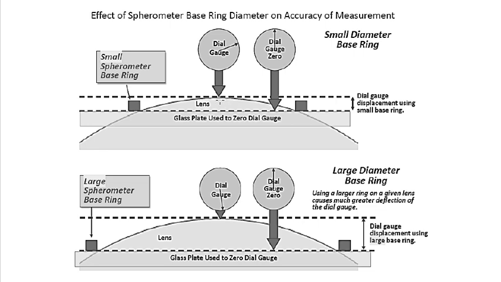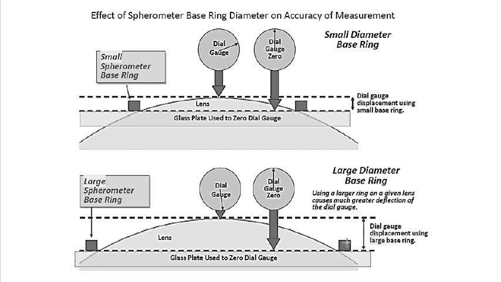From here to here, we call that the displacement, using this small base number 7. And we did the same thing for the larger base, number 10. The displacement is from the starting point, dial gauge 0, and then we ended up right here, where the sagittal height is. So that displacement is actually bigger.